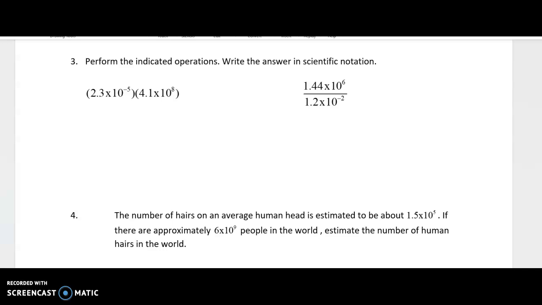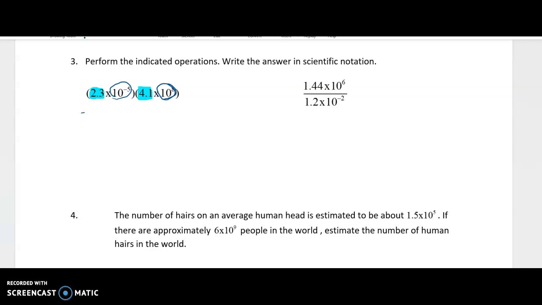So when you have two different scientific notation expressions that you're multiplying by each other, it's good to remember that we can multiply in any order. I can multiply my decimal parts together, and then I can multiply my powers of 10 together. So let's do that.